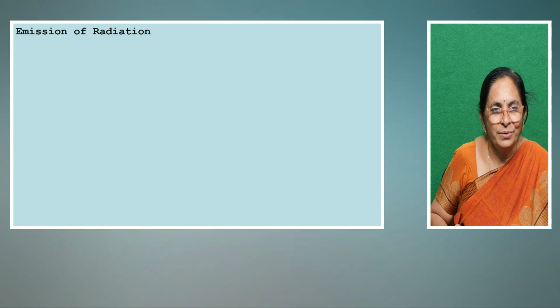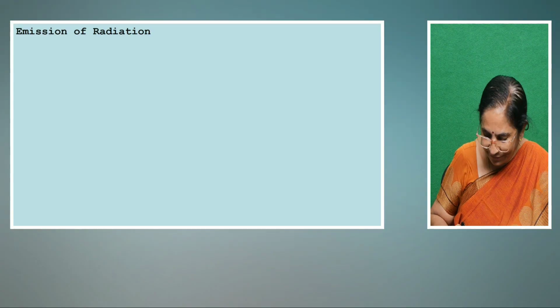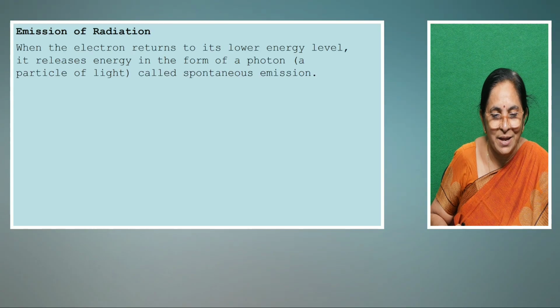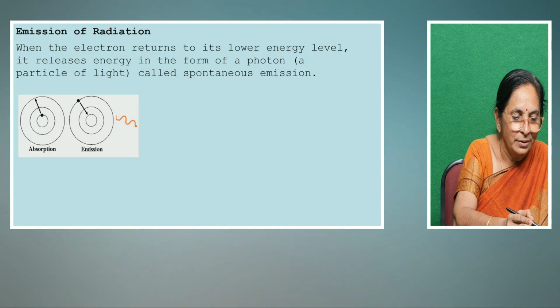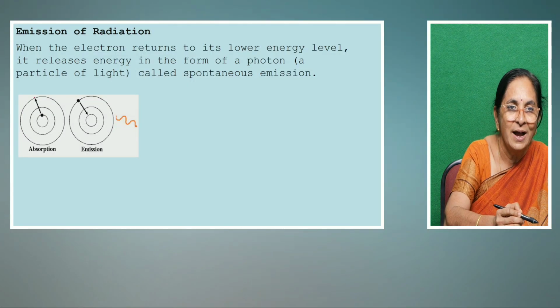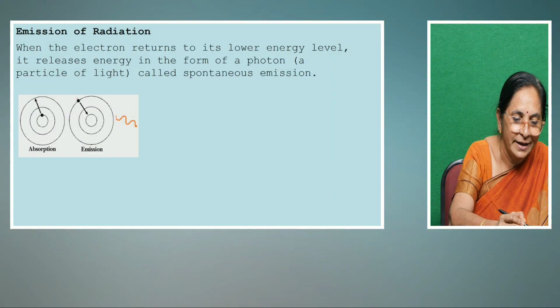Next let me tell about emission of radiation. To understand the principle of lasers, we must know all these basic facts. What is called emission? In the figure, I have shown that in absorption, the electron in the first orbit, by absorbing energy, gets excited to a higher energy level. Let me say the electron is in the third energy level.